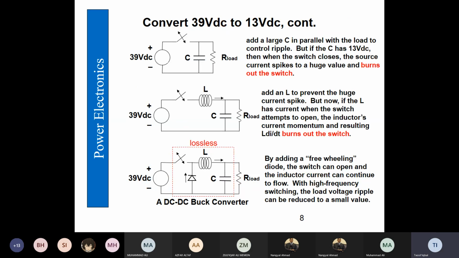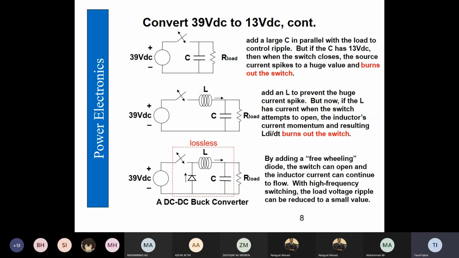So what we can do is put a large capacitor in parallel with the load to minimize the ripples, but we know the characteristic of a capacitor. When we close the switch, the capacitor is current hungry, so it would generate a very large current spike to instantaneously build the required voltage. Therefore, only a capacitor is not a good solution.